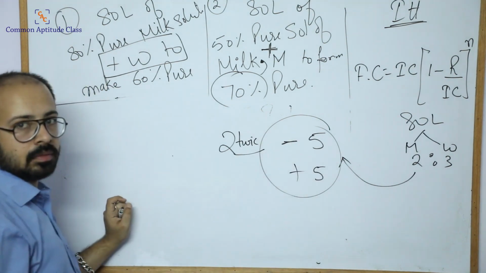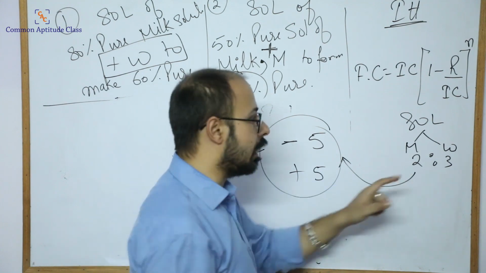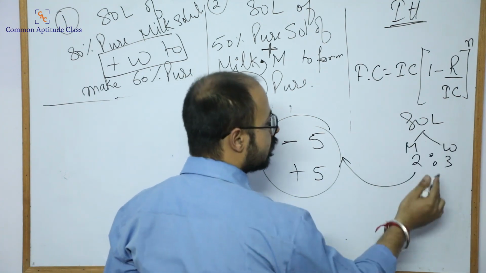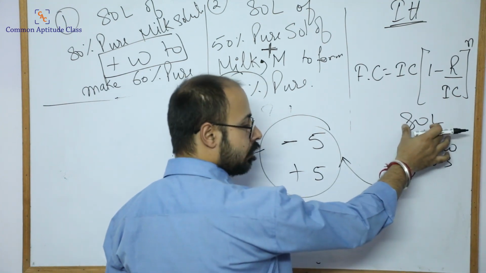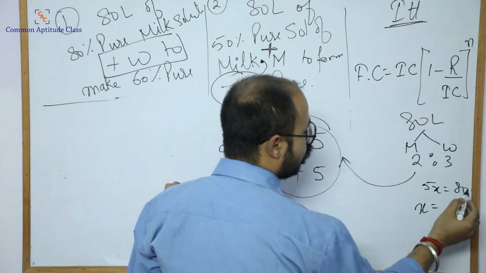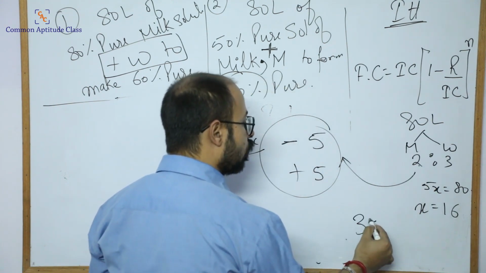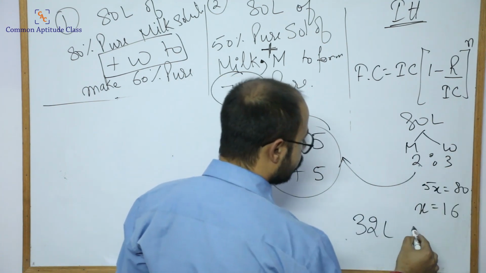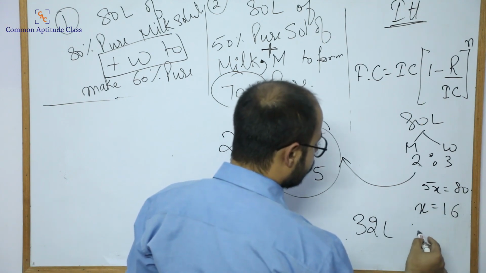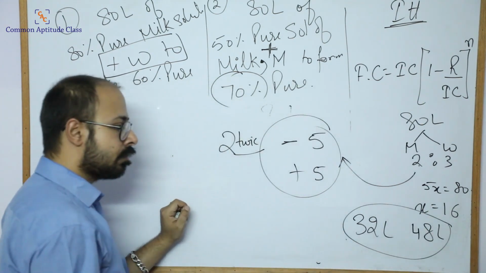Then how will I do it? First I will find the milk to water ratio is 2:3. So this is 5 parts of 80. 5x is equal to 80. x is equal to 16. So it is 32 liters milk and 48 liters water. So this is the quantity I have.